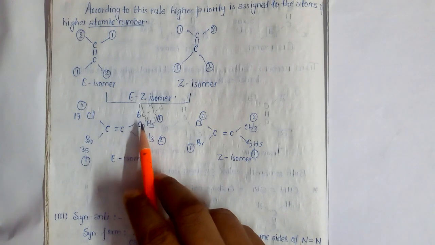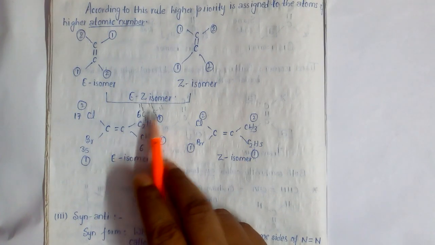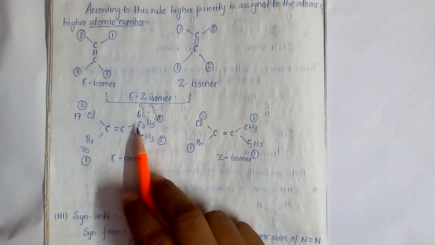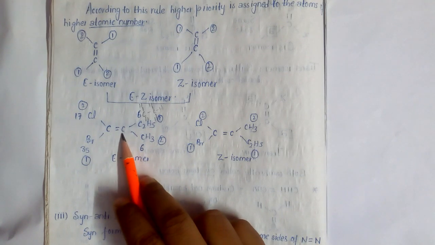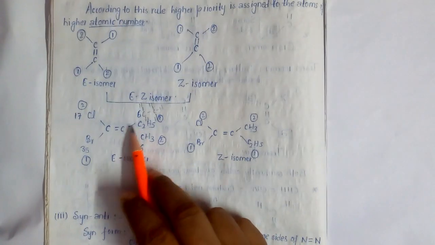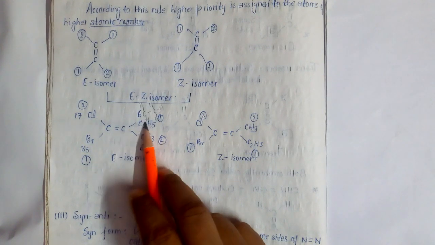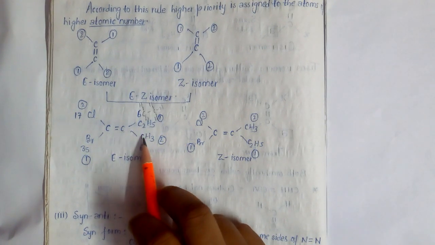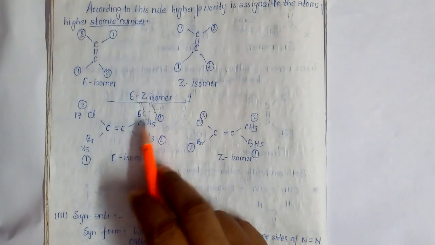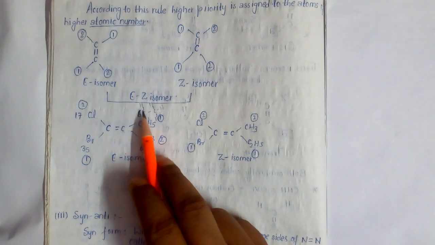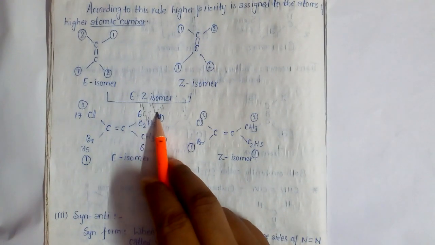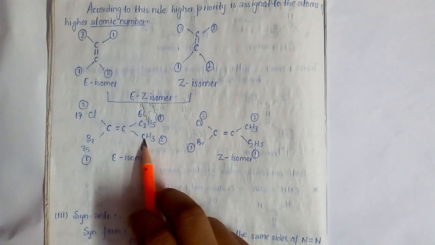This is nothing, just opening of C2H5 as CH2 and CH3. Now the atoms attached to the carbon of C2H5 are hydrogen and carbon, and from the carbon of CH3, hydrogen.